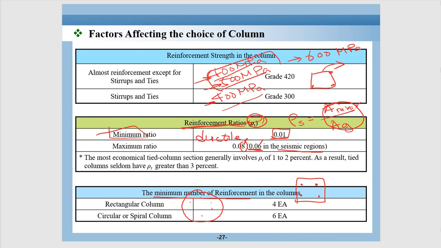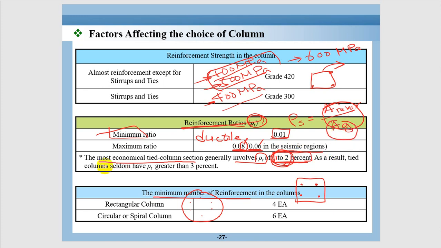One important thing is that the most economical tied column sections are generally designed for a rebar ratio of 1 to 2%. Even though we are allowed to go to 6%, 8%, the most economical tied column section will be 1% to 2% of the gross section of the columns.